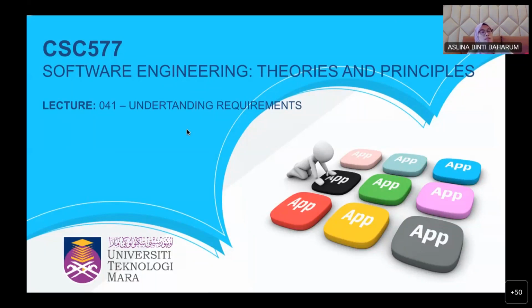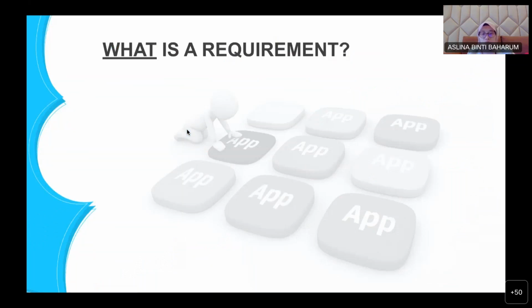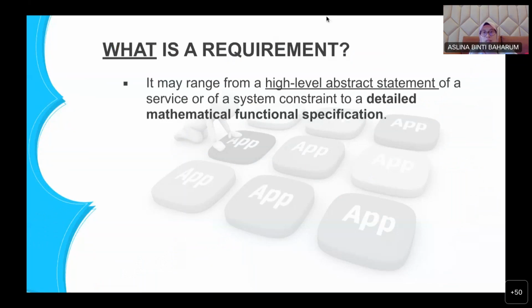All right, first we need to understand what is requirement. Understanding requirement, right? So what is requirement? So the question is what? Okay, what is requirement? So requirement is a high-level abstract statement. Okay, and it's a constraint of detailed mathematical function specification. So when we say what is the requirement, it's a high-level abstract statement.